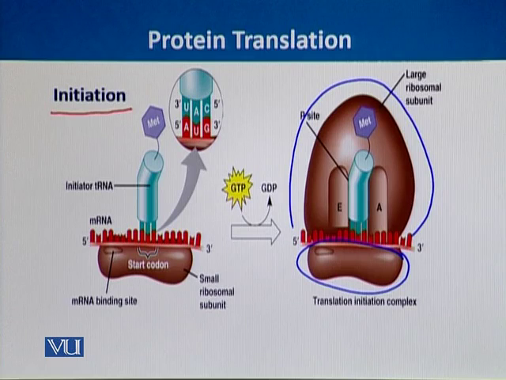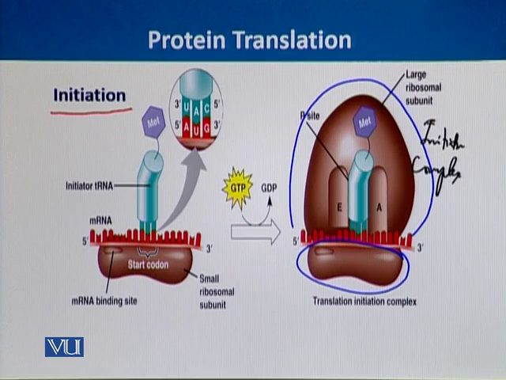When these two subunits combine together, and some other proteins help in combining, they collectively form an initiation complex. So this complex is the first step in the process of protein synthesis.